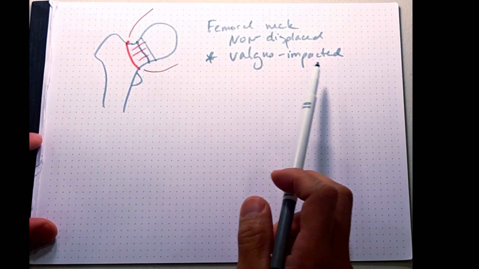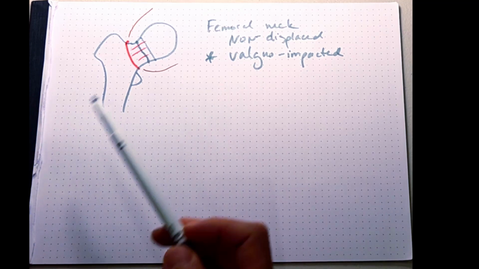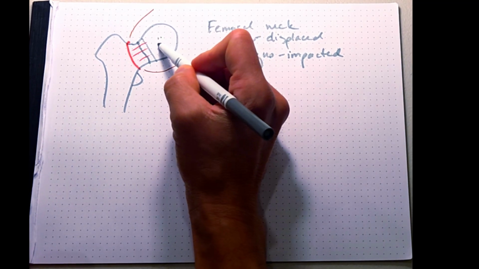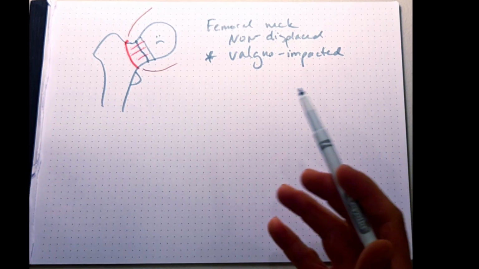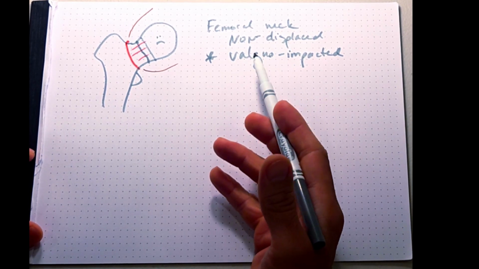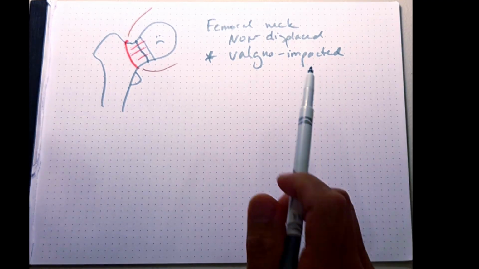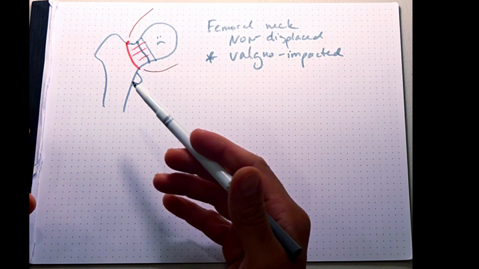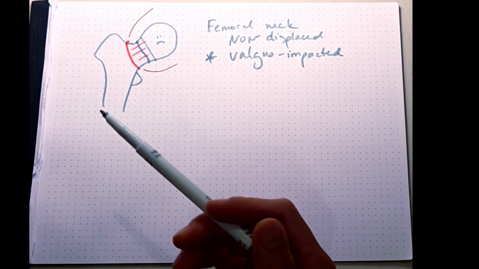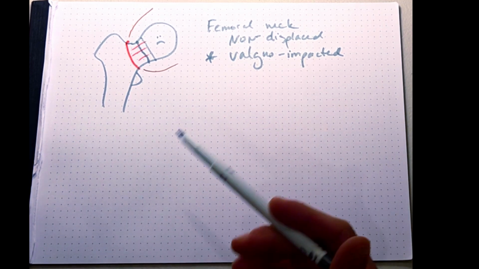And if these don't heal, so say you put the screws in and the head does not make it, well, then you have to go back in and do a hip replacement later, and the outcomes are not as good. So some people argue you should actually just go straight to arthroplasty for those. For the purpose of this talk, the majority of people are still fixing these, so we'll treat non-displaced femoral neck fractures as an intracapsular fracture that you're going to fix.